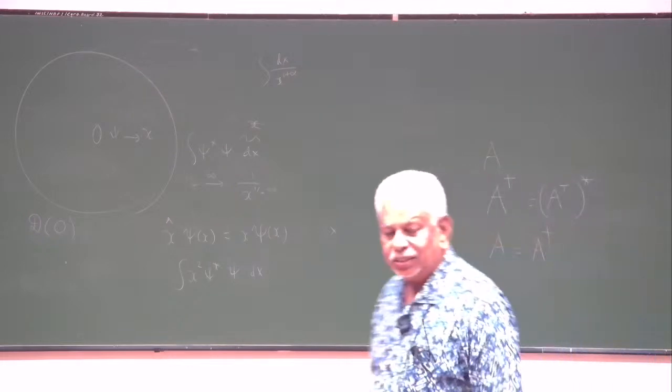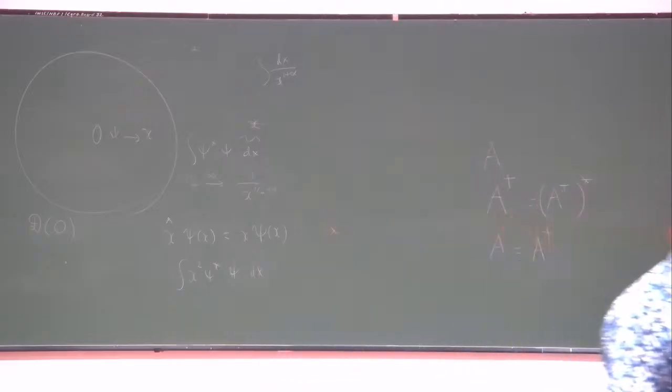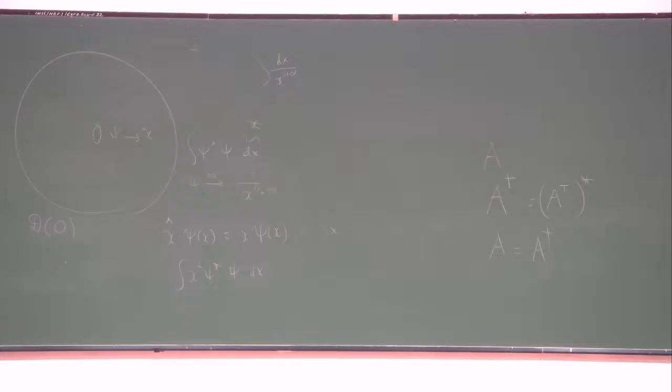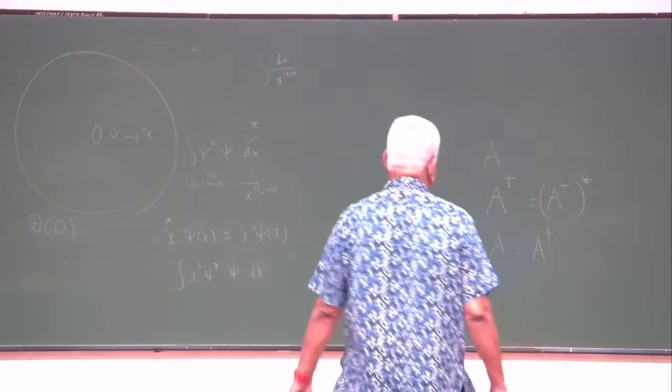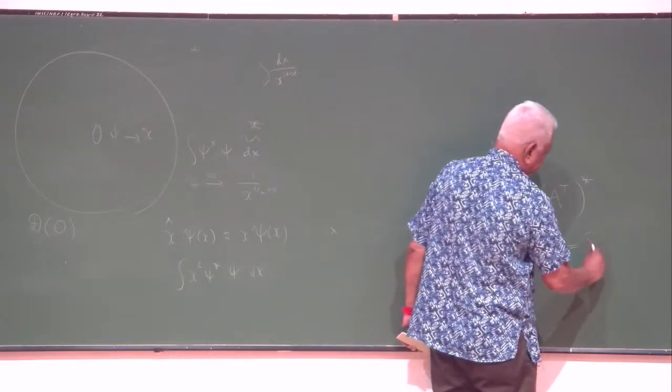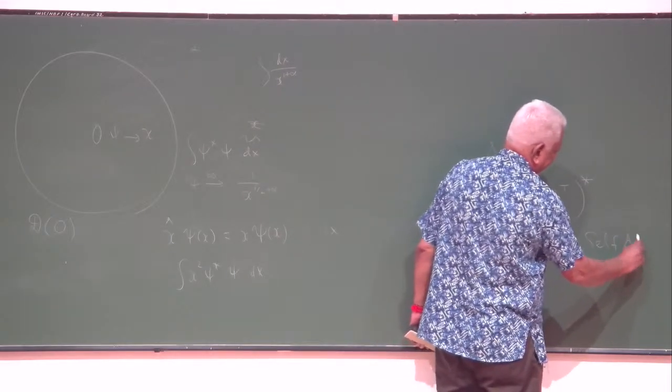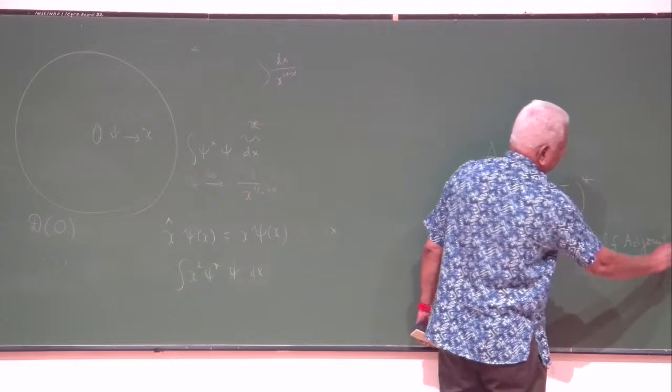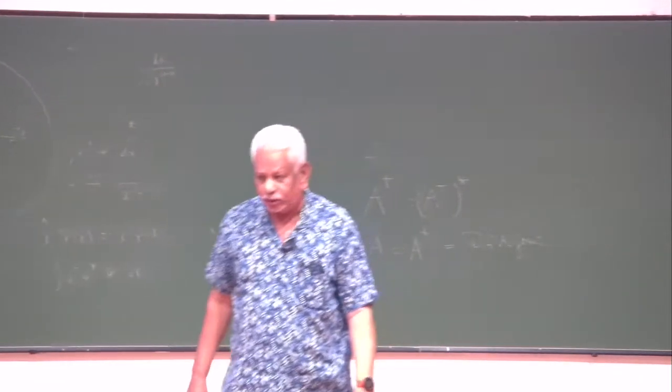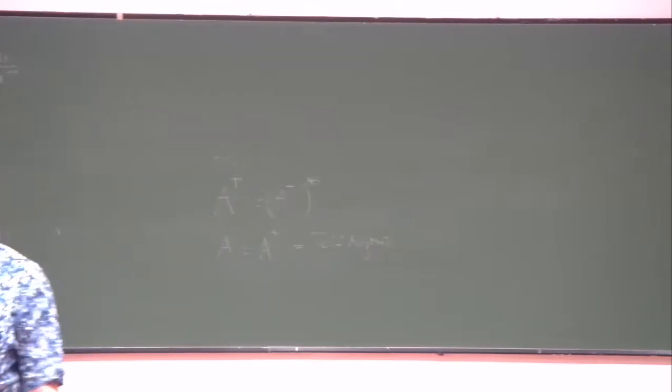Now, these things work out as you expected, whatever you have been taught, as long as you are dealing with finite dimensional matrices. The moment you go to infinite dimensional things like this, it is not enough to say this is self-adjoint. We always say Hermitian is self-adjoint, but that is true only if the matrix is finite dimensional.